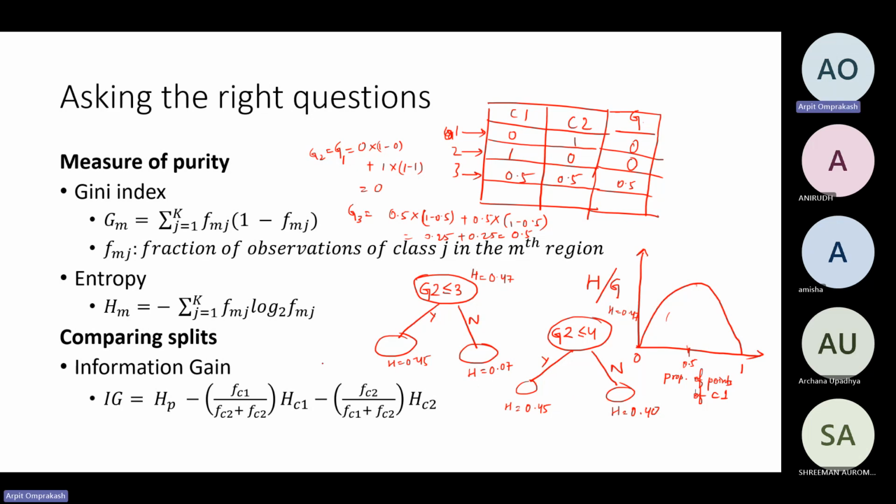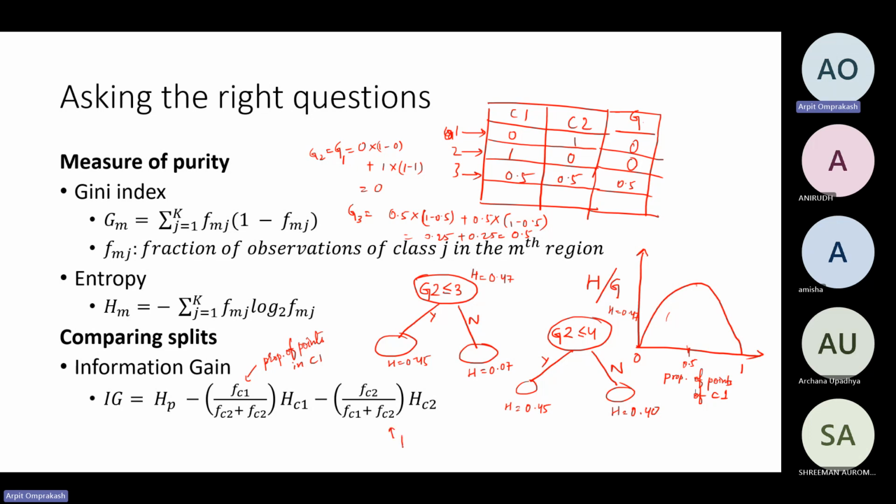What we need to do now is calculate something called information gain, which is basically the entropy of the parent minus some fraction times the entropy of child 1, minus some fraction times the entropy of child 2. So what is this fraction? This fraction is basically the proportion of points in child 1.